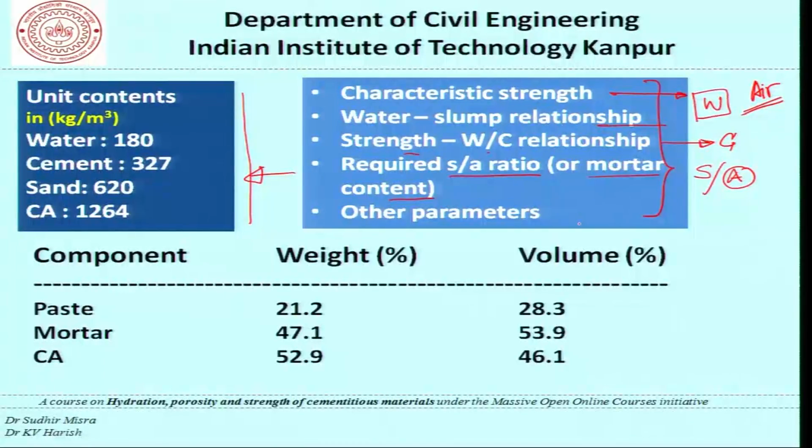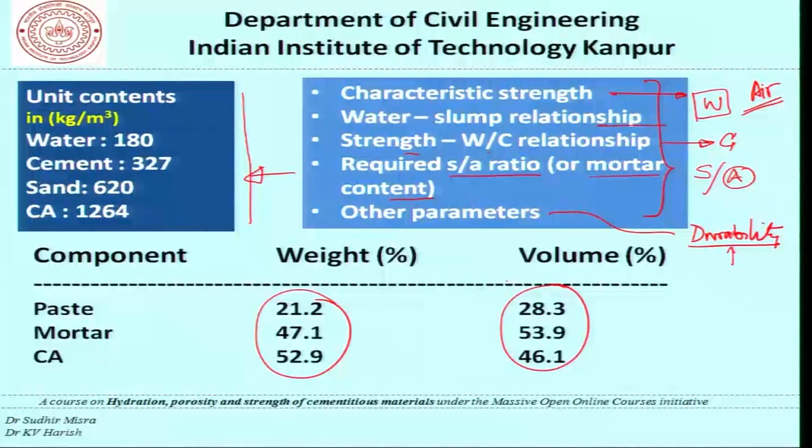Then there could be, of course, other parameters such as durability, which will require that no matter what the water cement ratio or the cement content is from the strength side, there is a minimum required from the durability standpoint. So, keeping these things in mind, we should be able to calculate the weights or the volumes of the paste, mortar, coarse aggregate, cement, and so on and so forth.